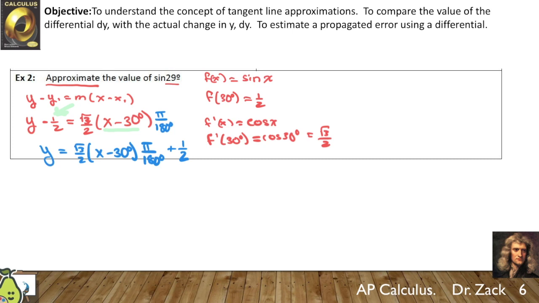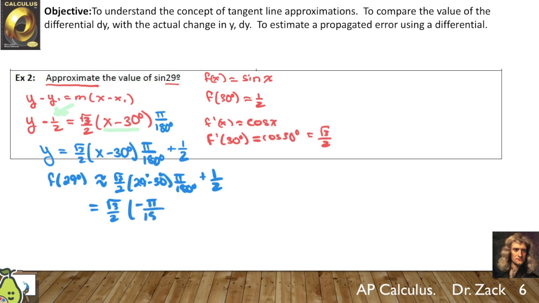Specifically, we're interested in f at 29 degrees. So that's going to be approximately equal to √3/2 times 29 minus 30, those are degrees, times pi over 180, plus 1/2, which is going to be equal to √3/2 times negative pi over 180 plus 1/2.